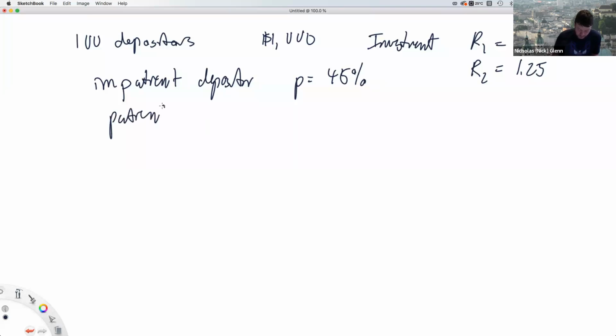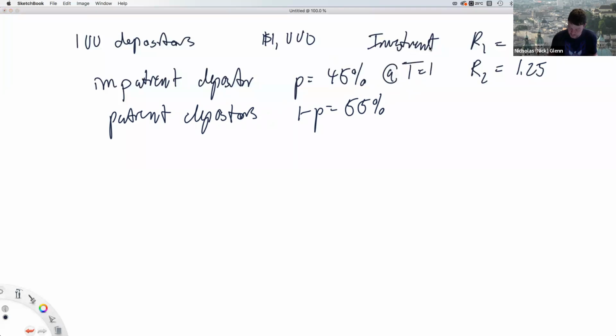And they estimate that the patient depositors will withdraw, let it fully mature, in time period 2. So this is time period 1, and this is time period 2. All right, so what does the bank offer?